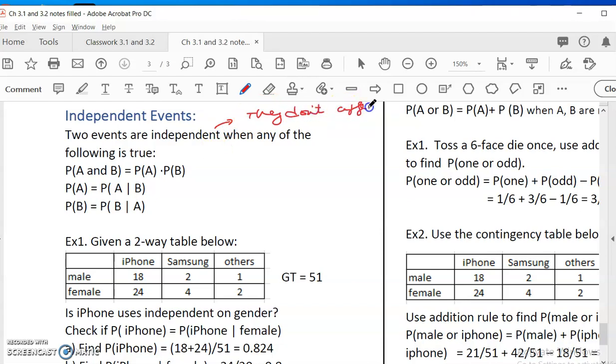Whether the other one happens does not change their probability. A does not affect B, or B does not affect A, or vice versa.